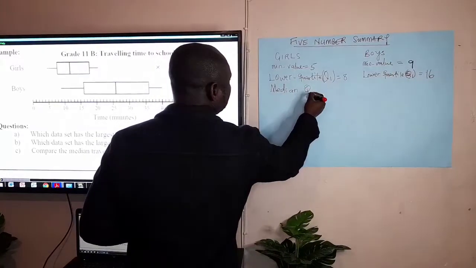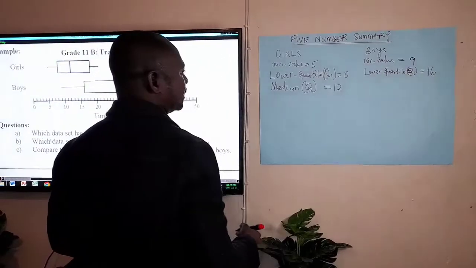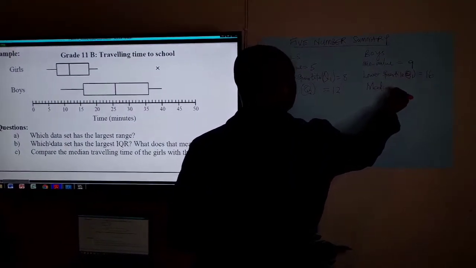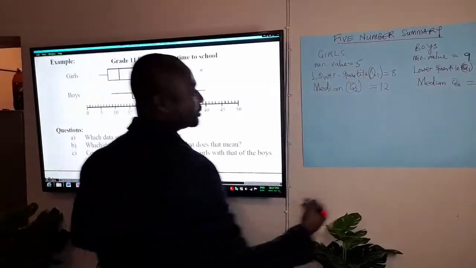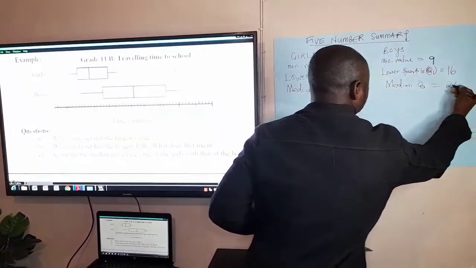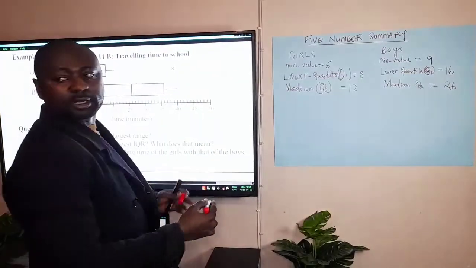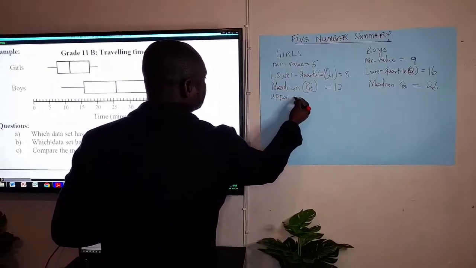Median is Q2, and the answer is 12 for the girls. So our median for the boys, we're going to look at Q2, and our answer is 26. So you write it down. So now from here we write our upper quartile for the girls, upper quartile.